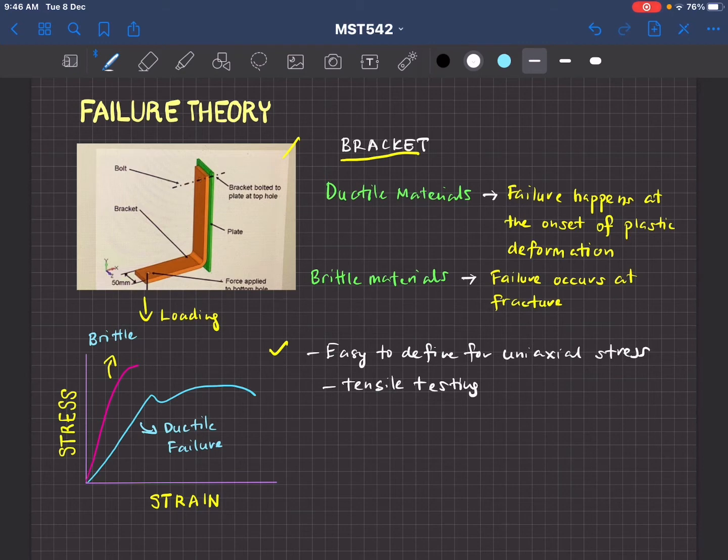For uniaxial stress, it is easy for us to predict the failure. But predicting a failure in a wall bracket is not that simple, because we need to consider the existence of the wall and also the plate at the back.